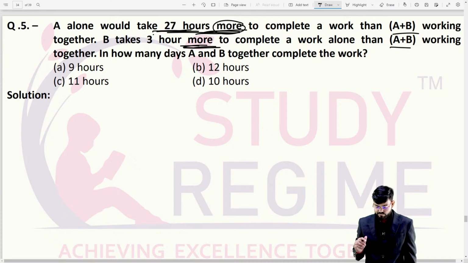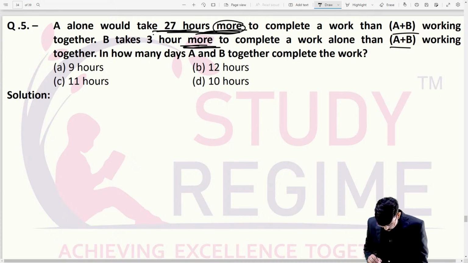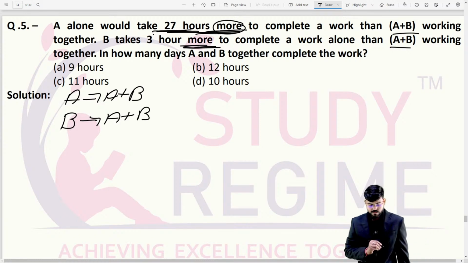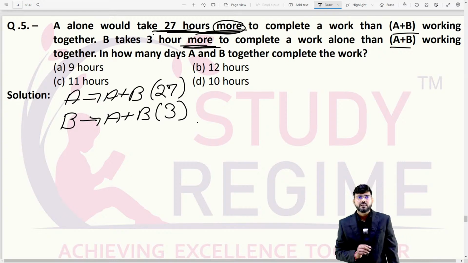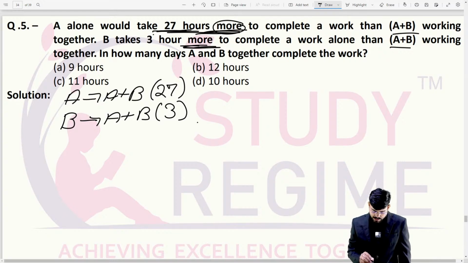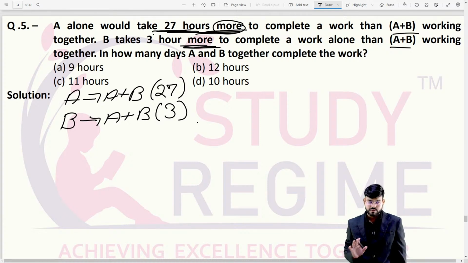A plus B. The comparison of A is with A plus B, and the comparison of B is also with A plus B. A is taking 27 hours more, and B is taking 3 hours more. Okay.